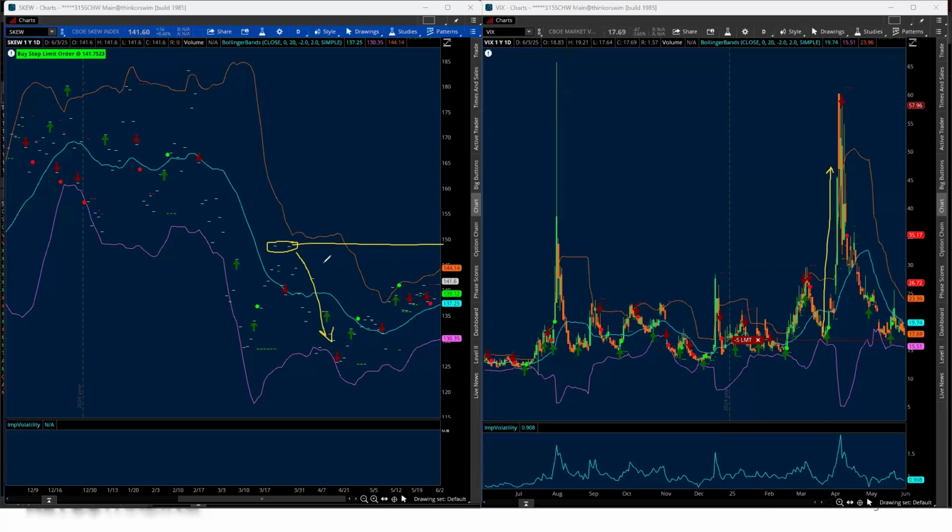That's the inverse correlation. But here's where it becomes a little bit more complex. When skew is low, I use this as a contrarian indicator. Notice how the VIX spikes here in the beginning of April, what's the skew index doing?